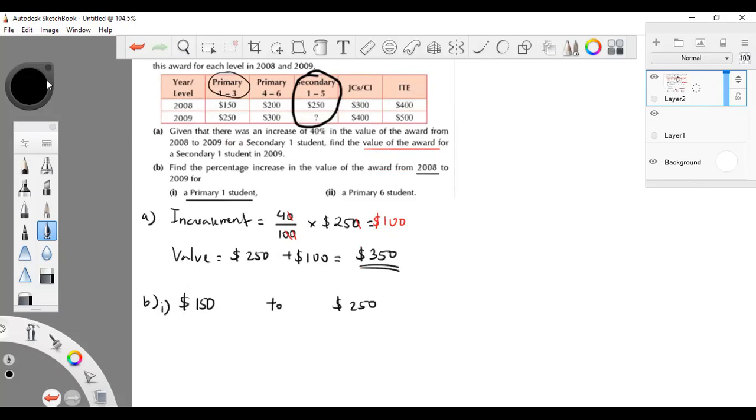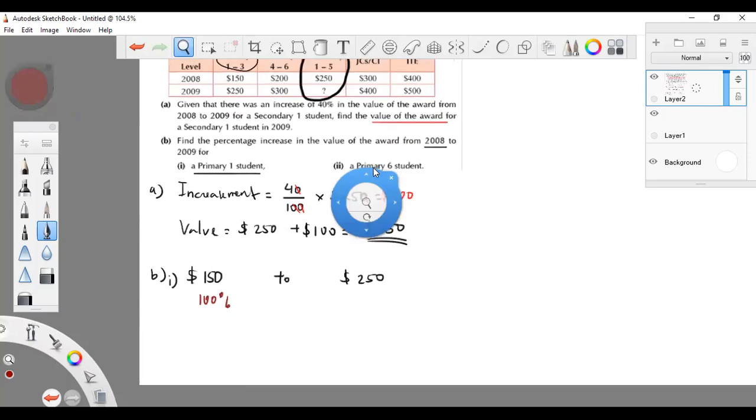You have to know that the original is always 100%. The first value is always 100%. The question is, what is the increment? So the question is percent increase. So this is how many percent, and plus how many percent to get this. I think this is quite simple. How do you do this?